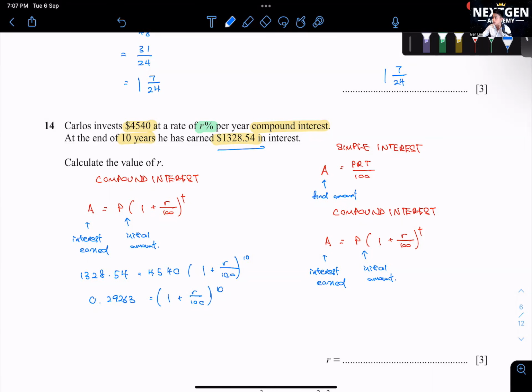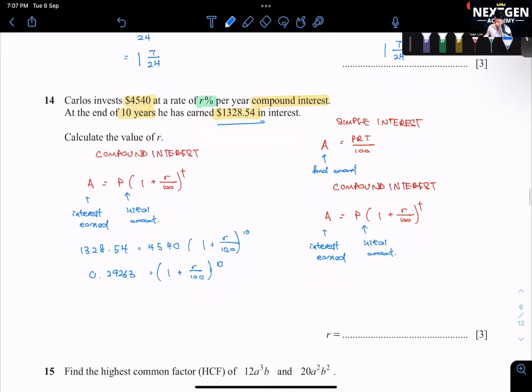Yes, R is the percentage. Okay, y'all got 1.026, right? Let me see if this way works. I think this is a shortcut way for it. Let me just try. 1 plus R over 100 equals 0.8844, minus 1.